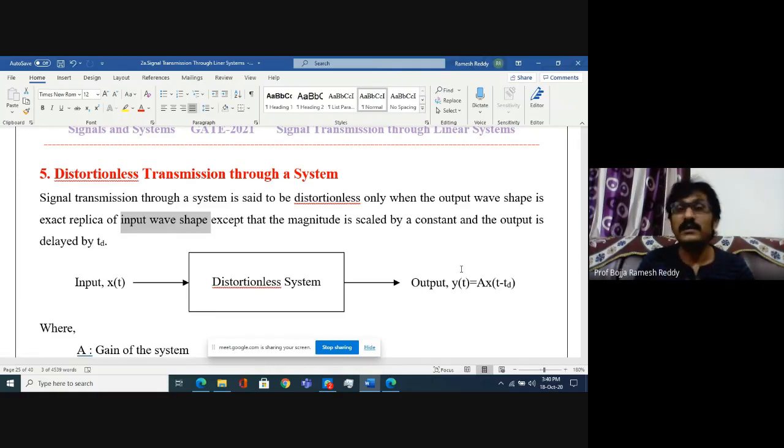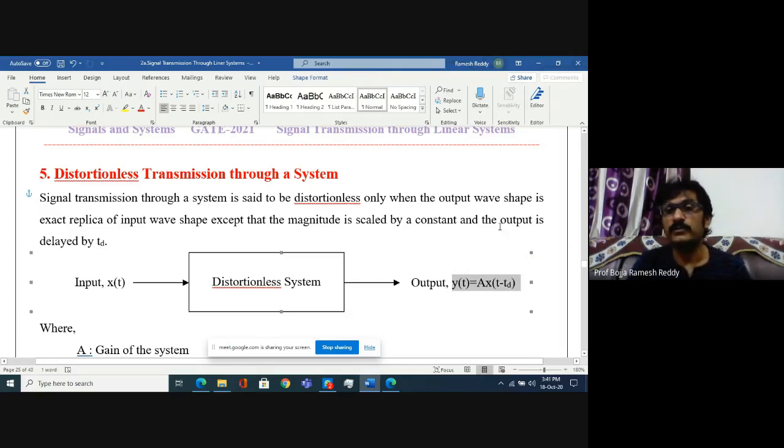For every practical communication system, the output y of t is equal to a constant into x of t minus td.